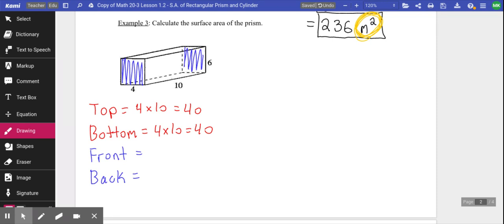If I want to do the area of this front guy, I want to do length times width. The width is not labeled, right? But it is the height of that prism. So somewhere the height of that thing must be labeled. It's labeled over here as 6. So I recognize it's 4 times 6. Again, front and back, they're the same thing. So it should be 24 and 24.